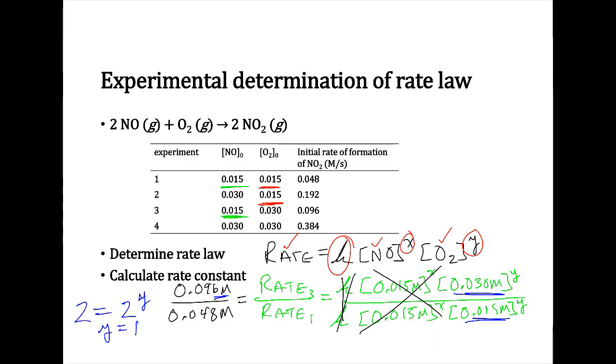So for this one, you'll want to put rate 2 on top because it is larger than rate 1. So we'll have rate 2 over rate 1. Plug in those values.